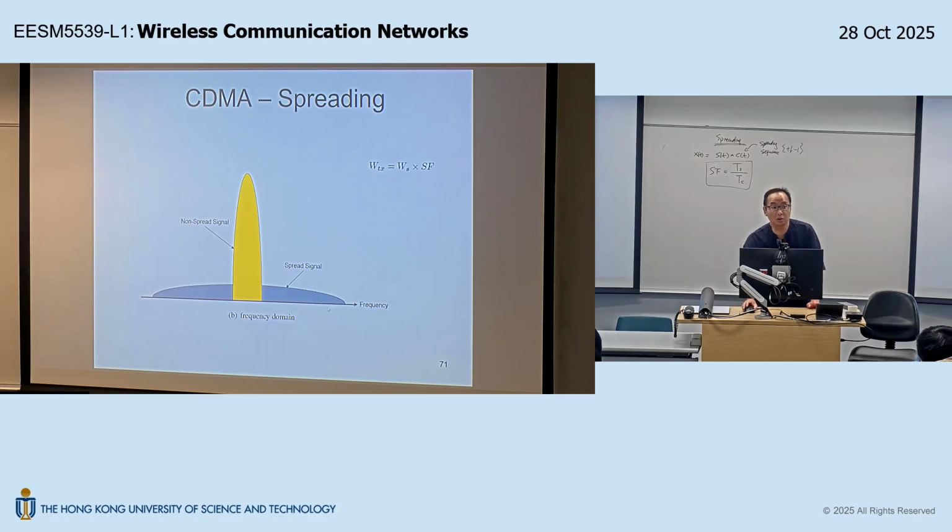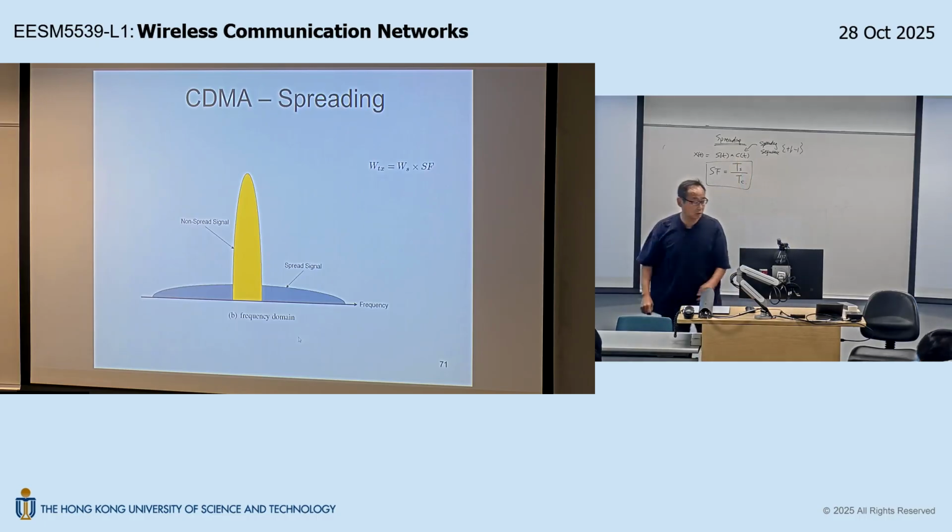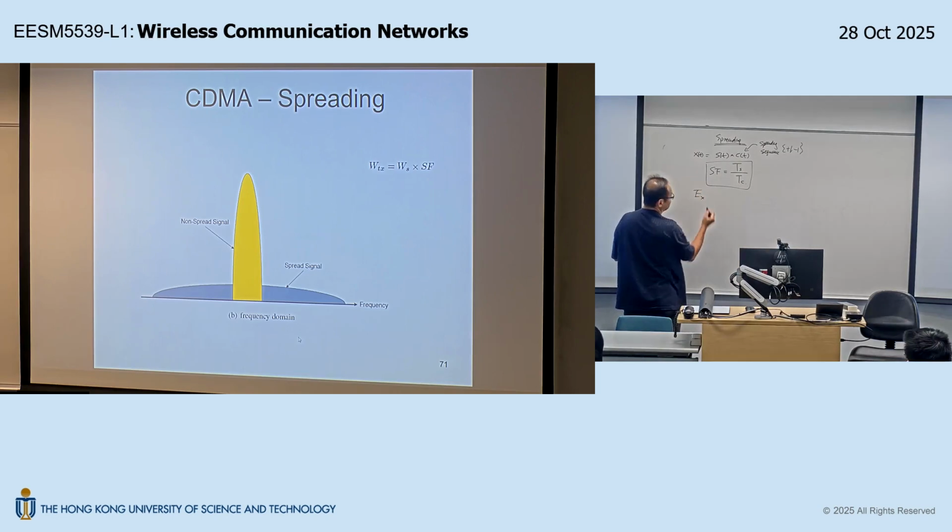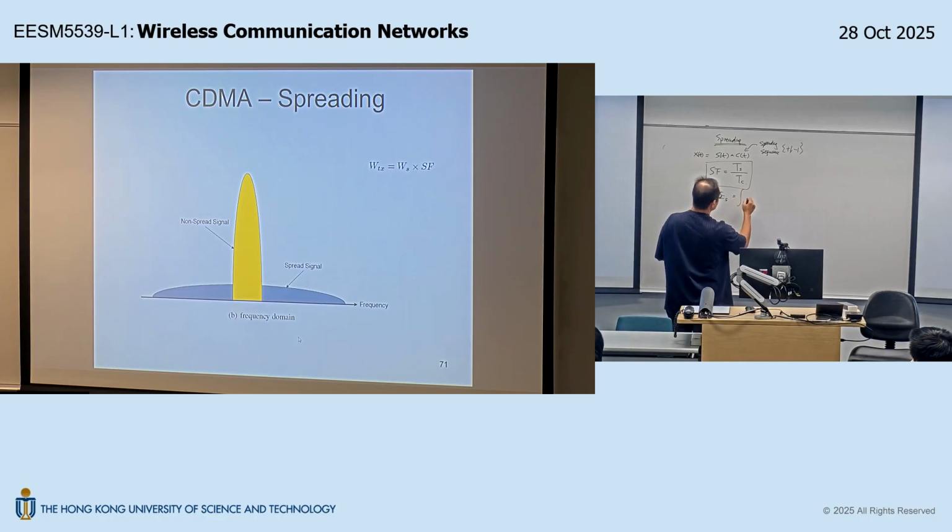Now there is one additional constraint. Because c(t) only takes +1 or -1, you can easily see that the energy of the transmitted signal is the same as the energy of the modulation symbol before spreading. Why is that? Because this is the definition of the energy, x(t) squared, time domain energy, right?